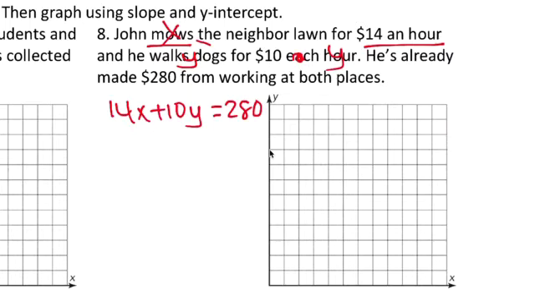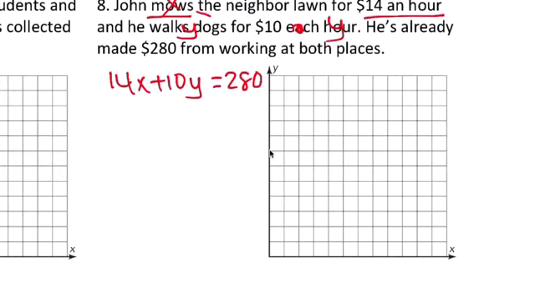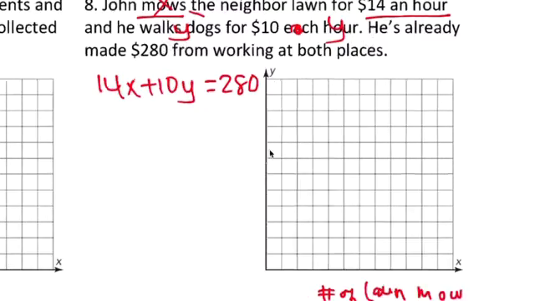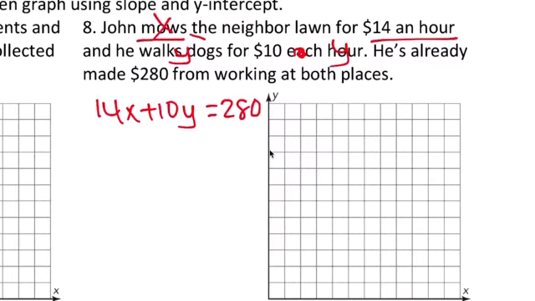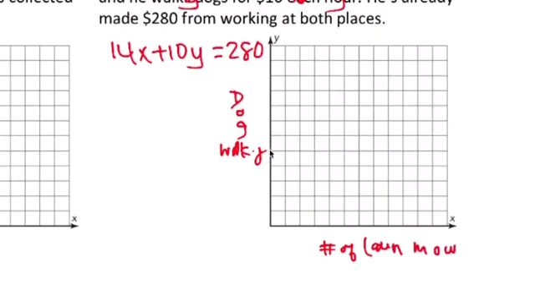Okay, you graph that. X is mowing the lawn, number of lawns mowed. And then this is dog walking. X and Y intercept.